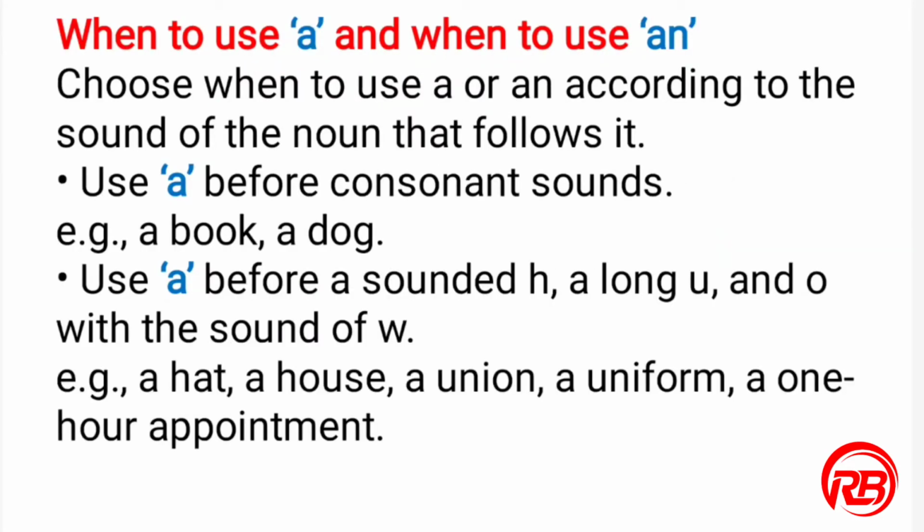Here I have given you some tips on when to use a and when to use an. We can apply a or an according to the sound of the noun. Use a before consonant sounds. Example: a book, a dog.